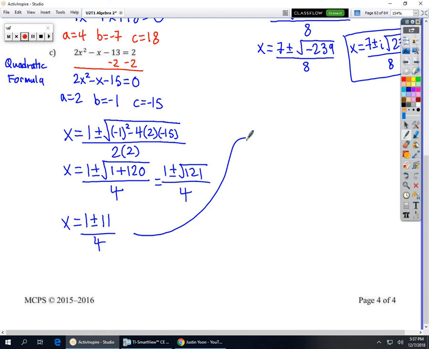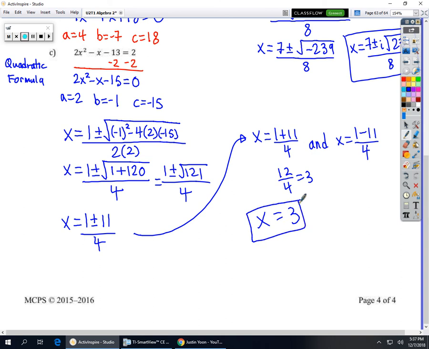So for here, that means x equals 1 plus 11 over 4, and x equals 1 minus 11 over 4. All right, 1 plus 11, that's 12. 12 over 4 is 3. So my first solution, x equals 3.